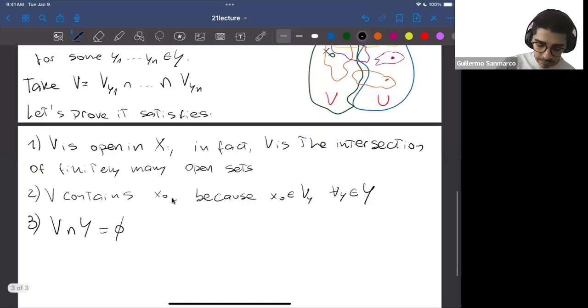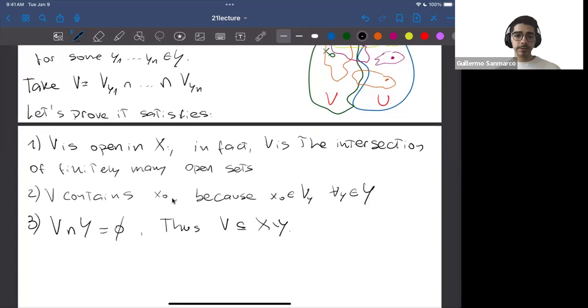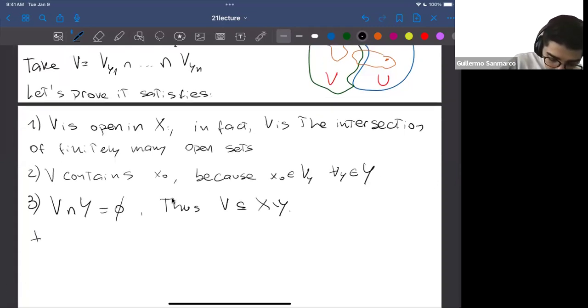So this will mean that V is inside the complement. And that's the last thing we want. So how do we prove this? It shouldn't be that complicated.